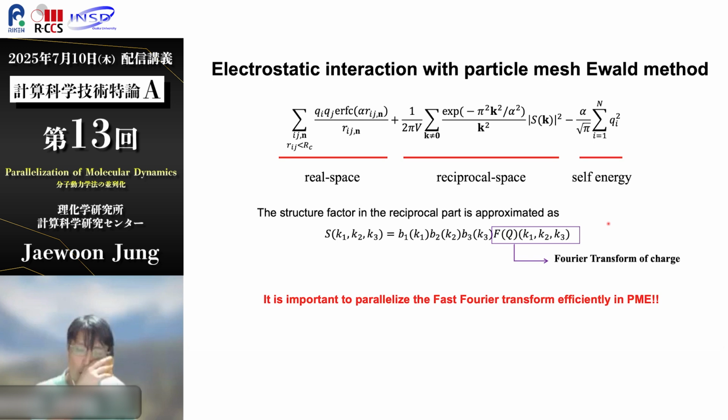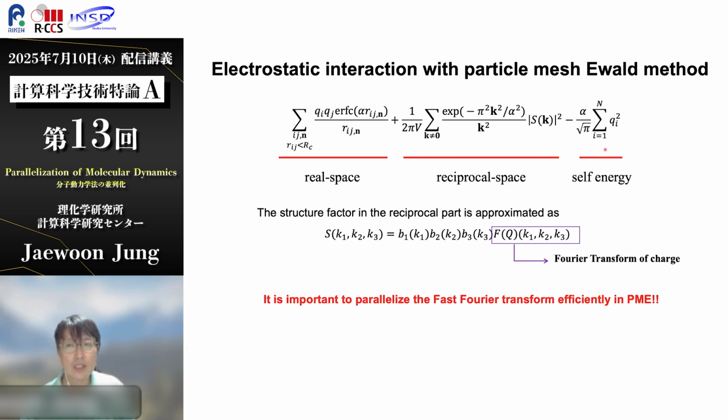So I will not say very much in detail, but I will just focus on the parallelization of fast Fourier transformation. As I said in the previous slide, electrostatic interaction energy can be decomposed into these three terms: real space calculation, reciprocal space calculation, and self energy term.